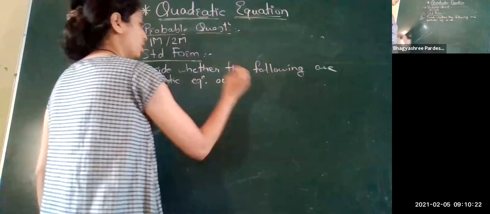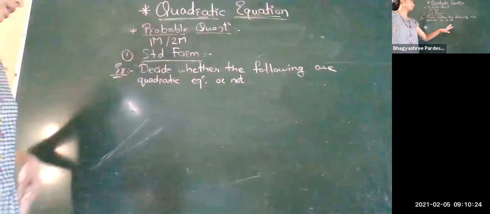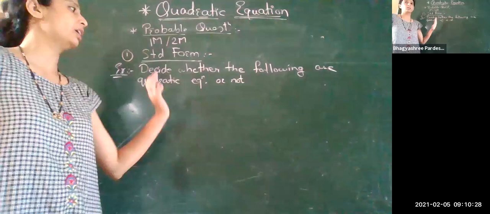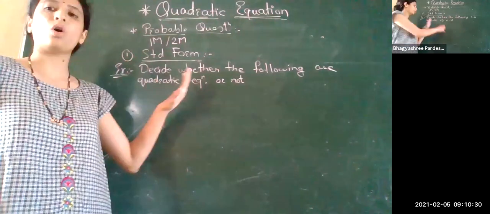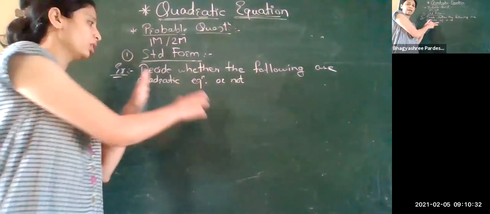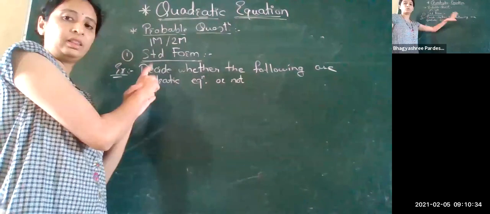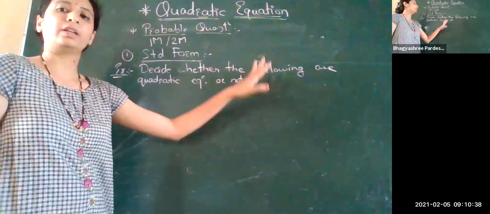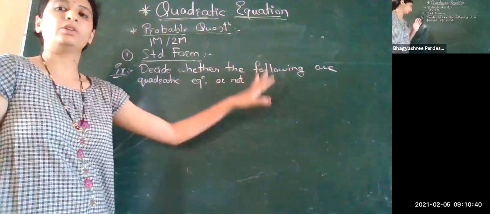Decide whether the following equations are quadratic equations or not. If it is asked in the MCQ, you are given 3 to 4 equations and you have to identify which one of them is the quadratic equation.